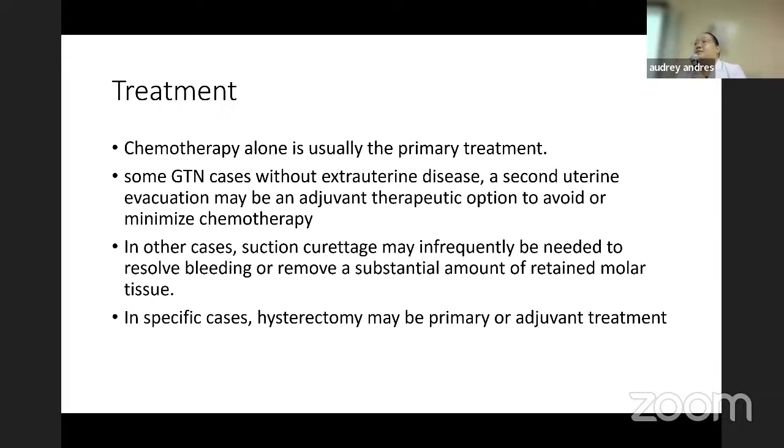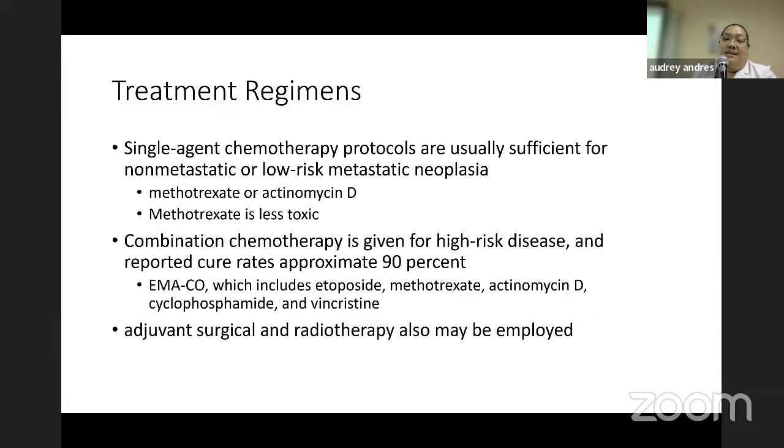Usually, chemotherapy will suffice. Primary treatment would be with methotrexate. In some GTN cases without extrauterine disease, sometimes a secondary evacuation may be needed. Okay, what are the regimens? So single agent, usually it's methotrexate or actinomycin D. But methotrexate is more commonly used because it's less toxic.